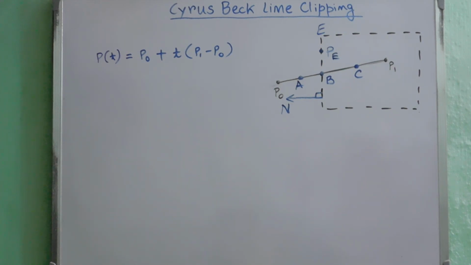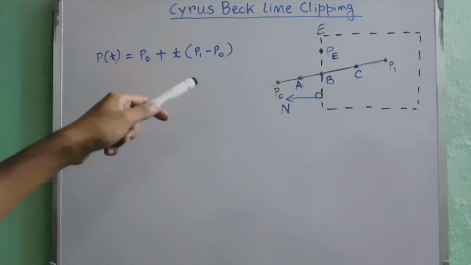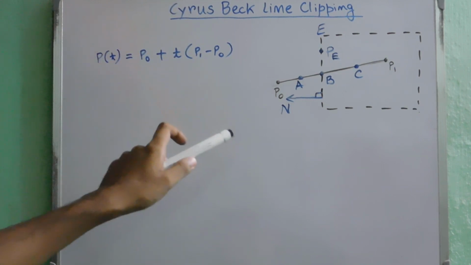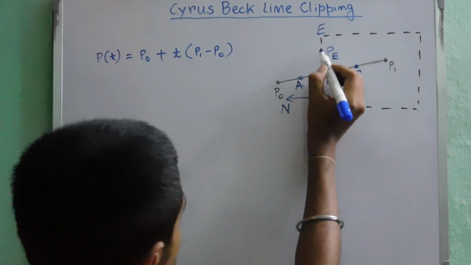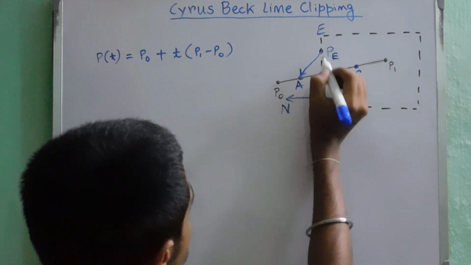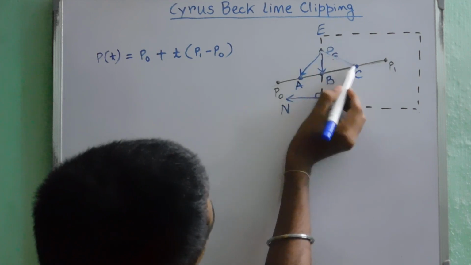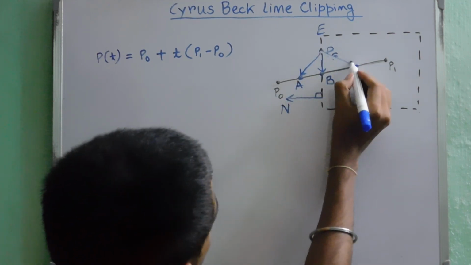Now we will draw distance vectors from the PE point to all the 3 points on the line individually. So first one is here, then we have here, and finally we have here.